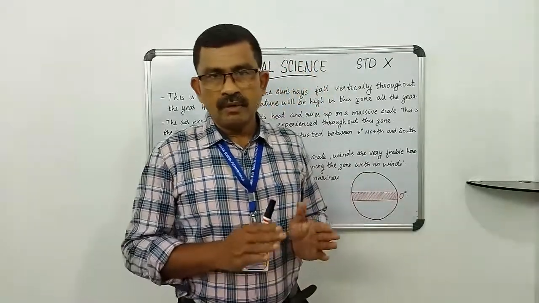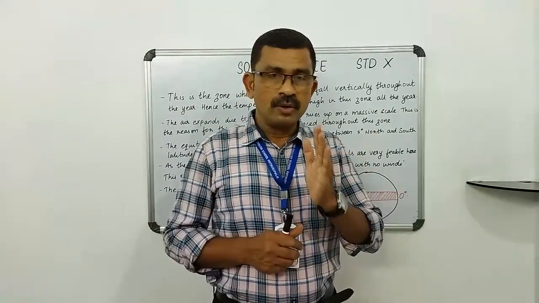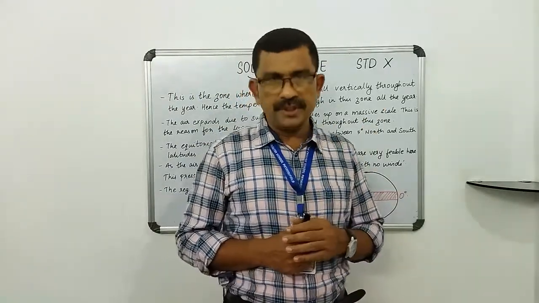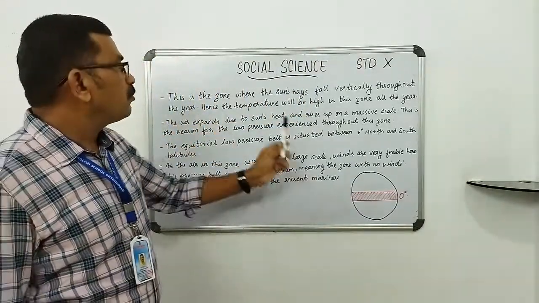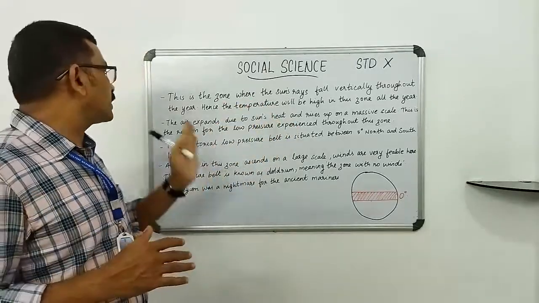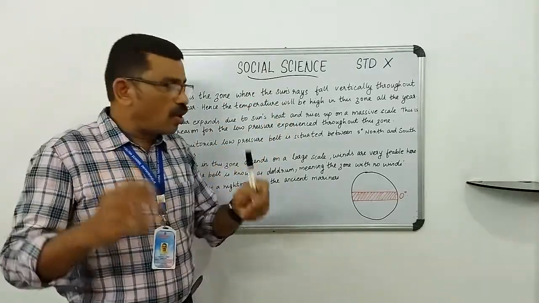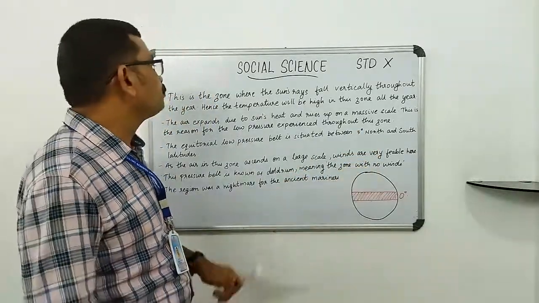Children, now let's move on to the next topic, equatorial low pressure belt. See, this is the zone where the sun rises vertically throughout the year. Listen.